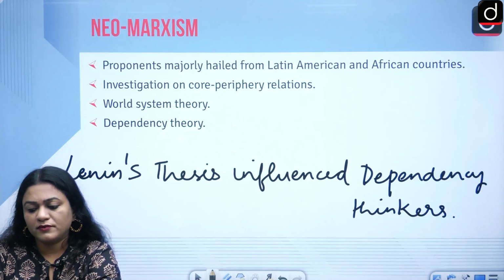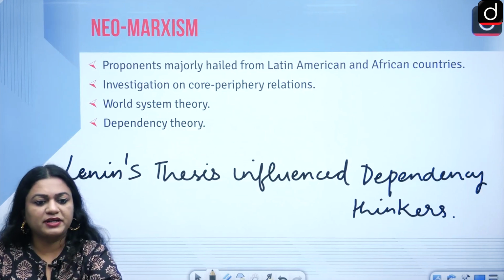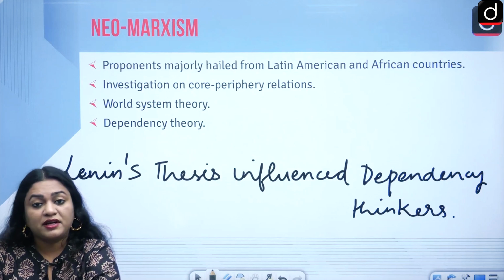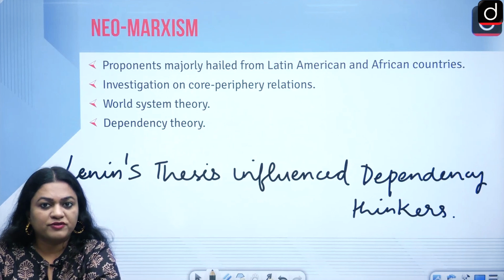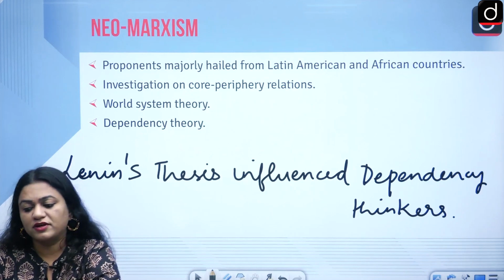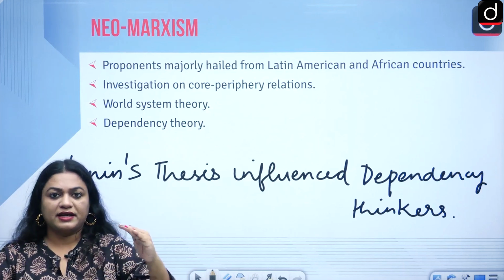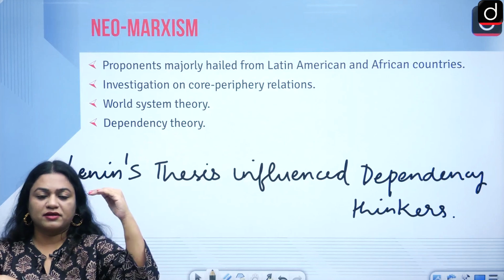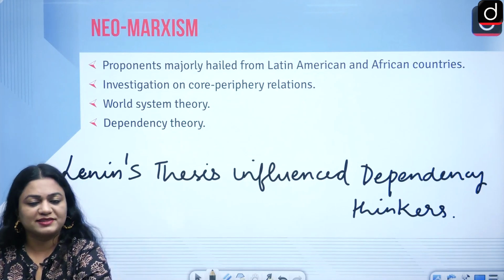Okay. Now, core-periphery relations you can find in Samir Amin's work also. Then you will find another important work by Andre Gunder Frank, or A.G. Frank, in which he talked about a pyramidical structure that maintains a relation between the exploited and the exploiter.